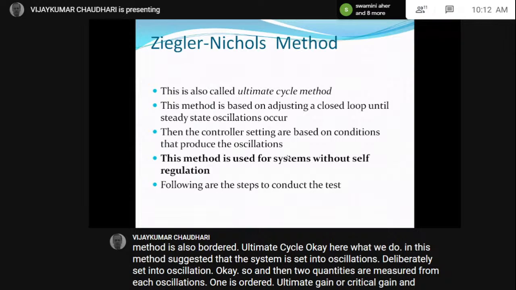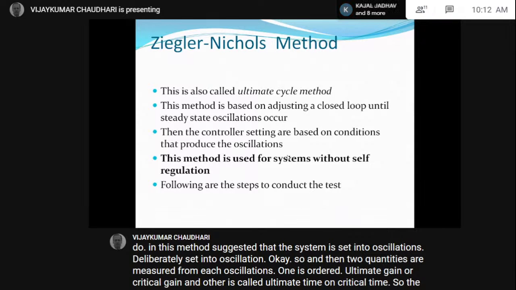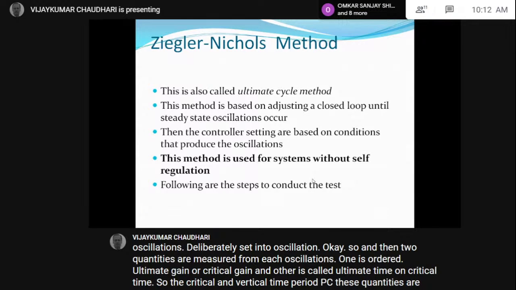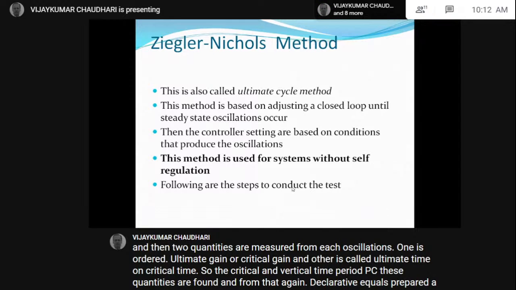So the critical gain Kc and critical time period Tc, these quantities are found, and from that again Ziegler and Nichols prepared a table giving the settings for standard PID tuning.